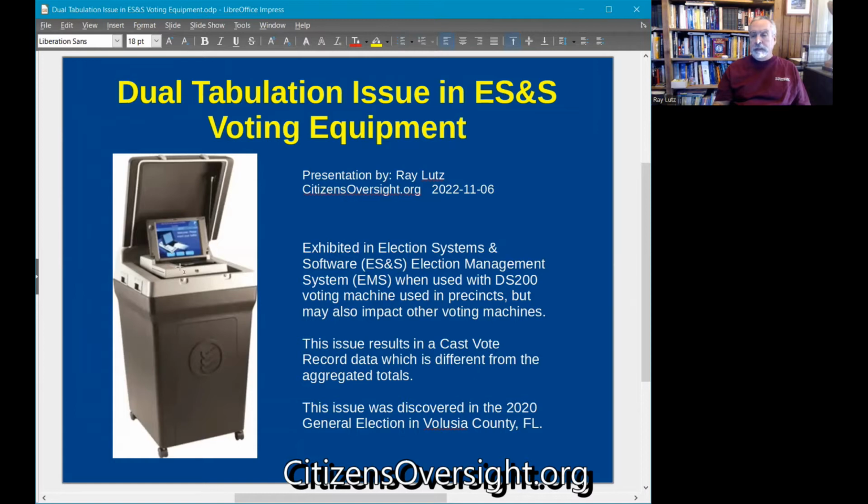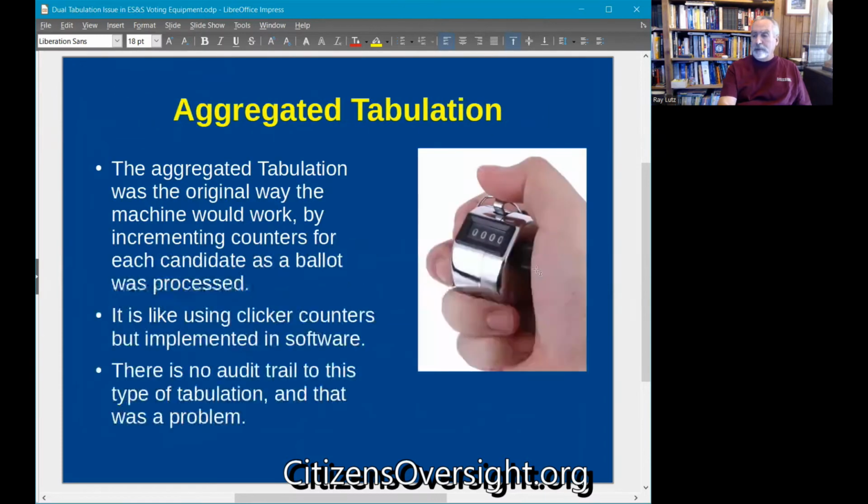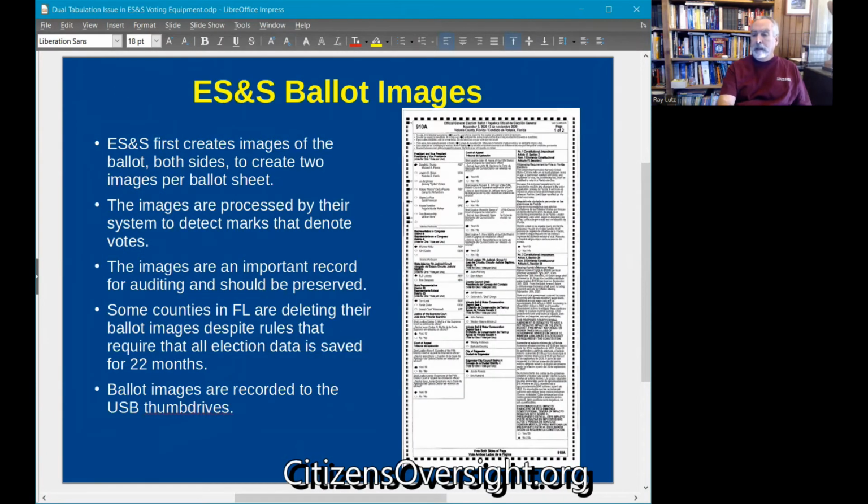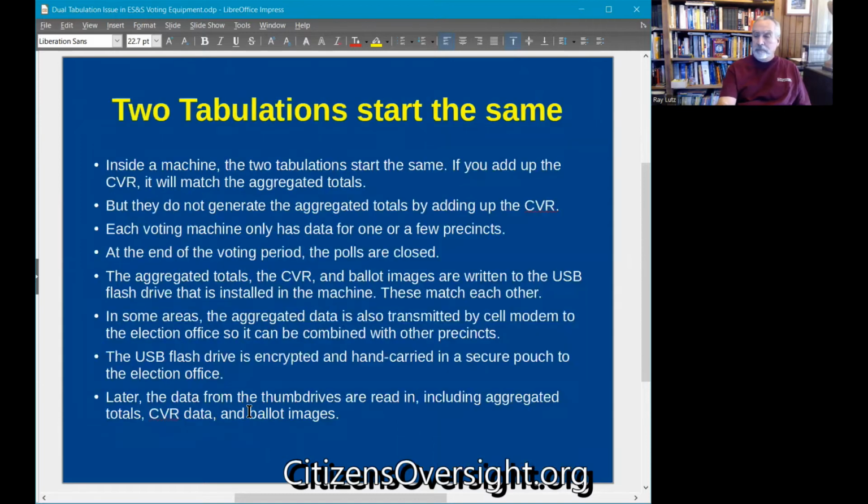And it can save quite a few ballot images and totals in there. I think something like 30,000 or so, depending on the size and format of each ballot. But those are saved onto the thumb drives so that they can be recovered.